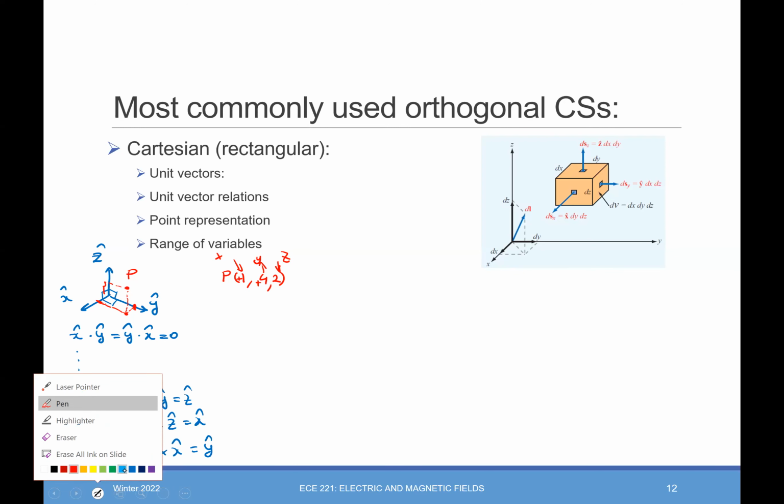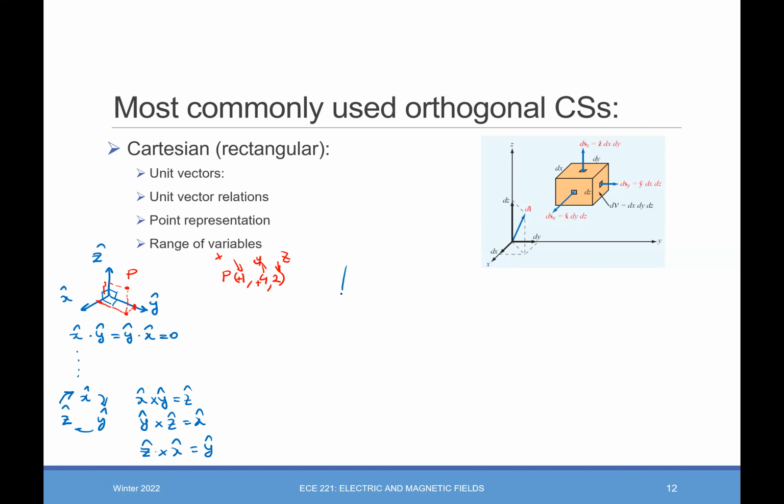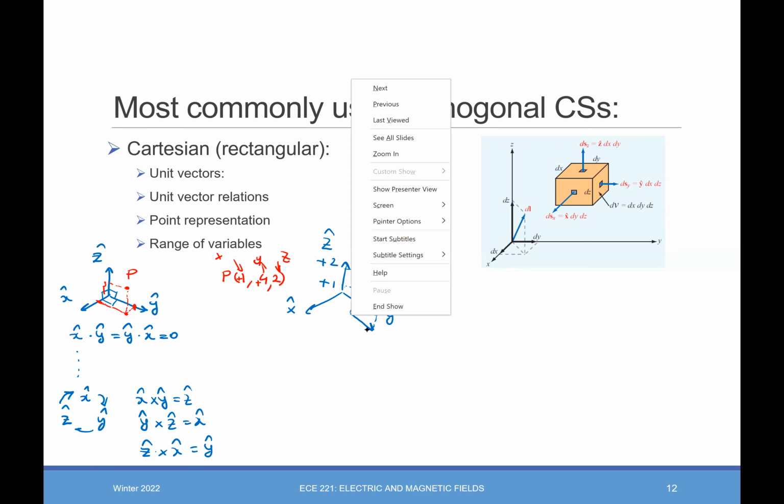Another important thing is how to define a vector in this coordinate system. Let's call this vector A. If you project the beginning and end of this vector, this is plus 1, this is plus 2, and then project it again into the xy plane, we get this vector.